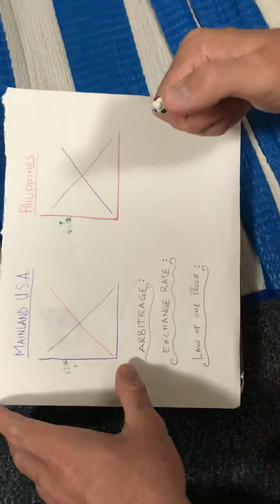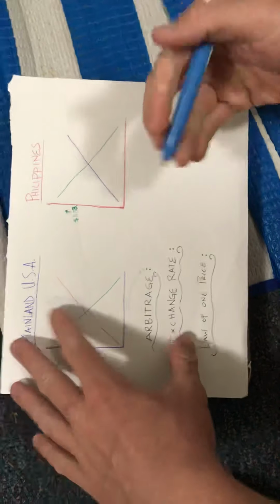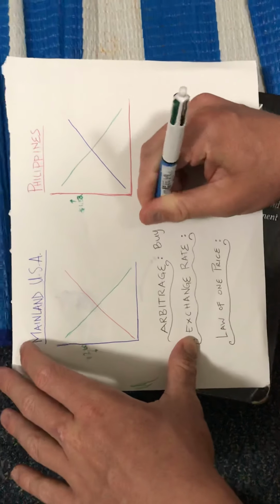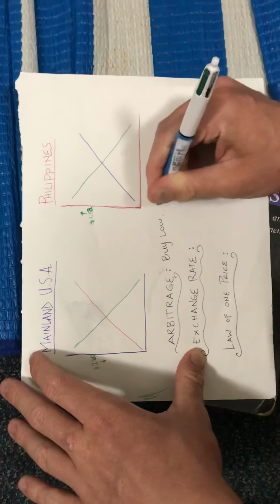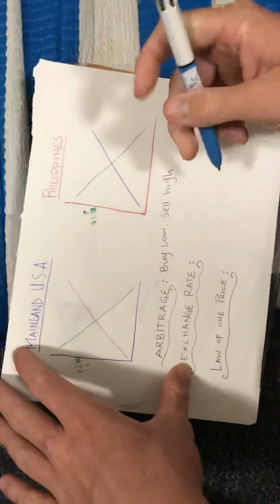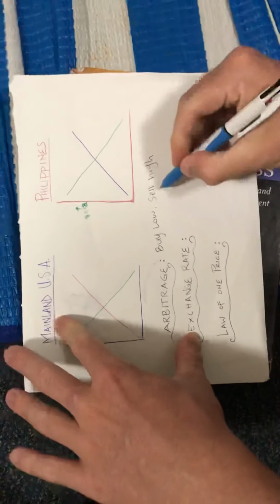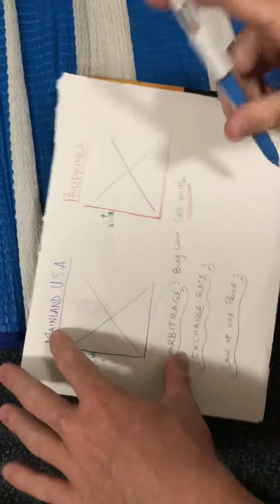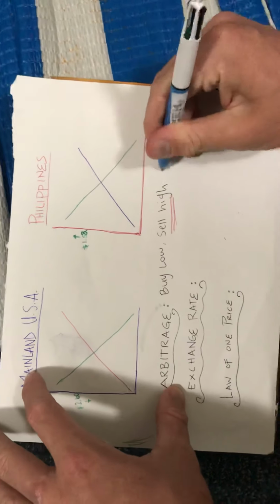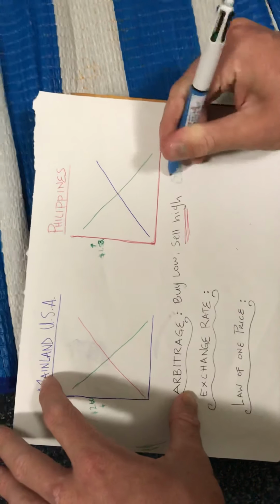So for those who do not know what arbitrage means, more or less what it means is for you to buy low and sell high. And hopefully when you sell high, you make a profit.